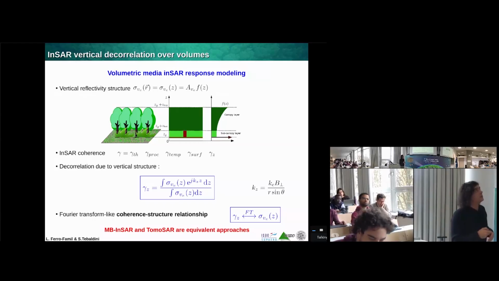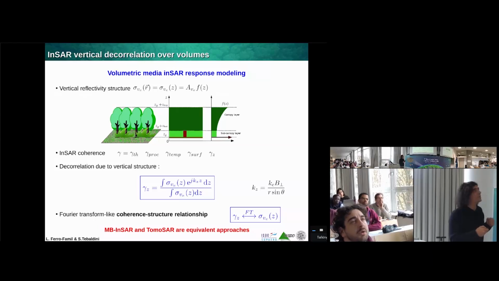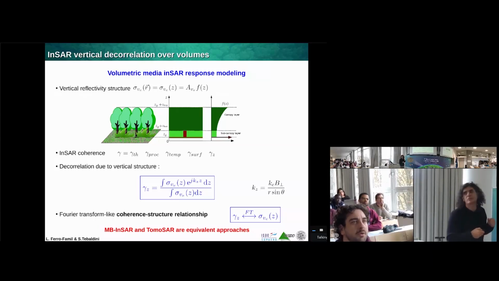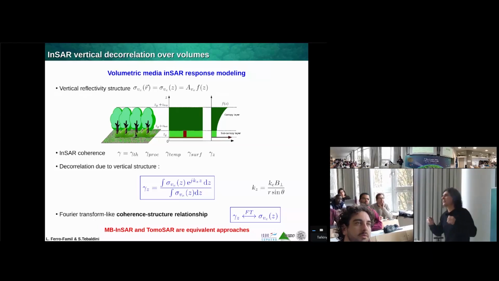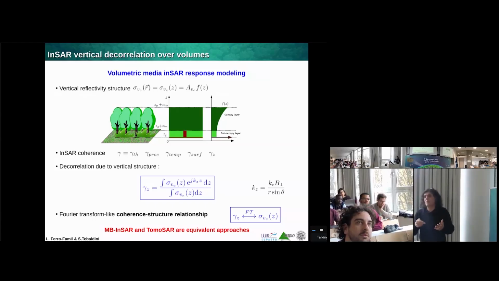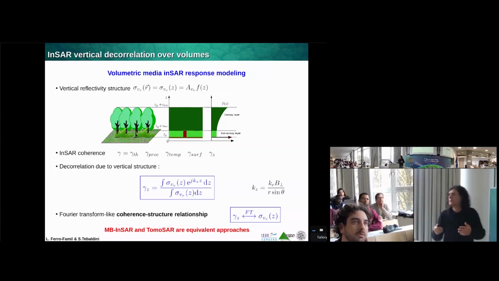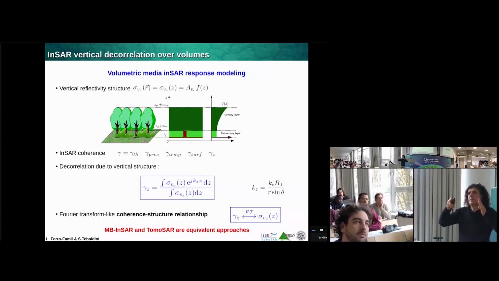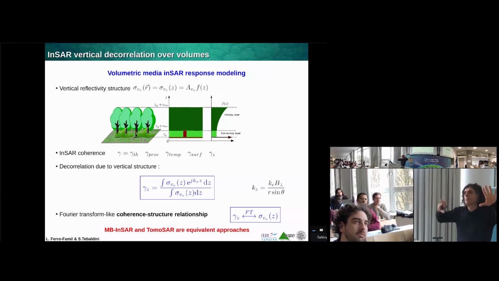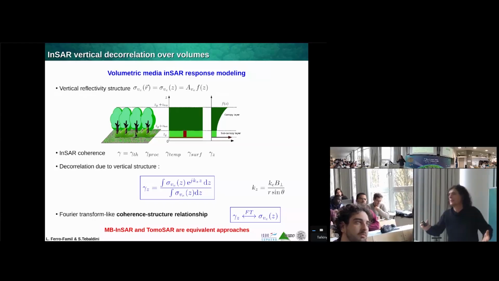And just one thing here: when you look at this relationship, you understand that multi-baseline InSAR and TomoSAR represent exactly the same thing, just a different point of view. My friend Papathanassiou really likes to think that multi-baseline InSAR has several interferometric SAR responses because it is his background.